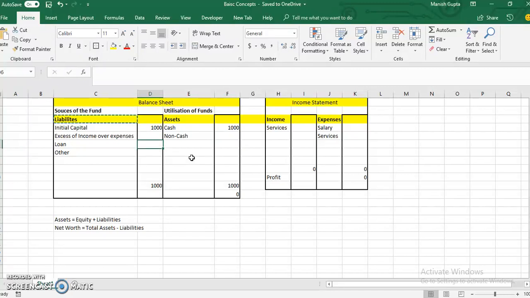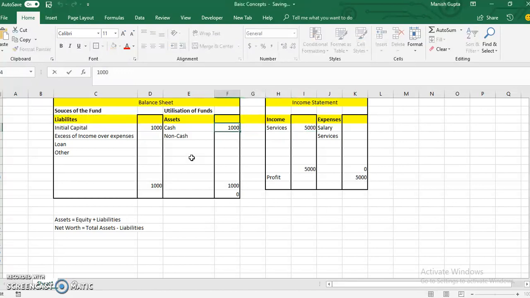Now with this money we start providing services. Let's say we provided services of a total of $5,000, and we received this money in cash. We have not yet provided credit to anyone, so we got $5,000 in cash. We can link this to the excess of income over expenses.